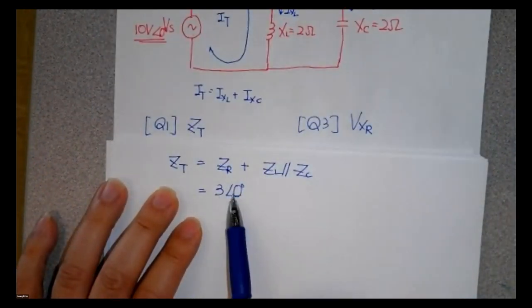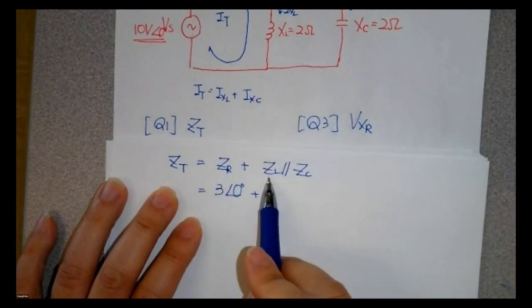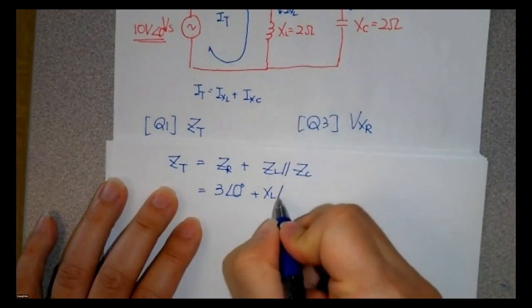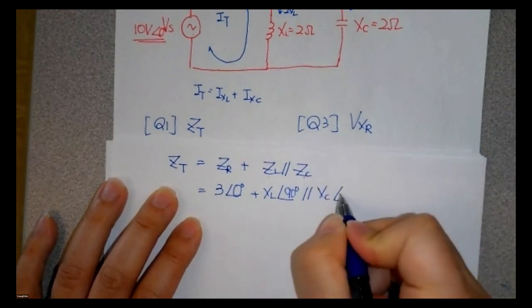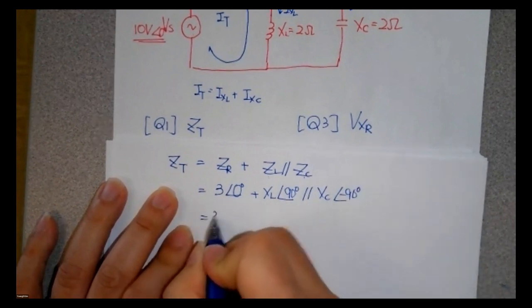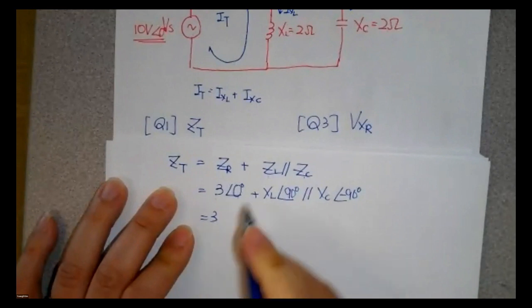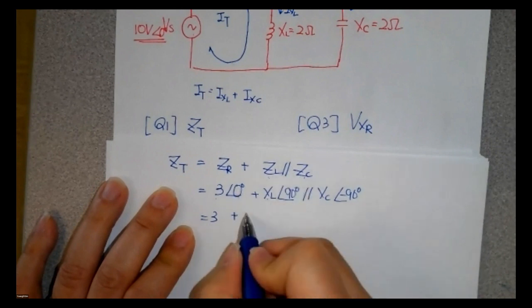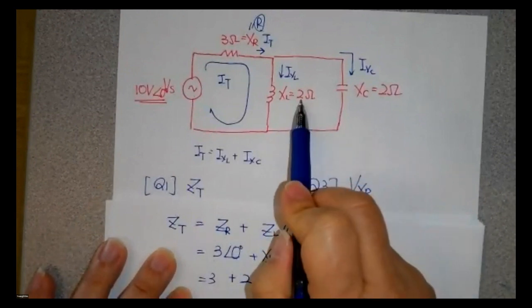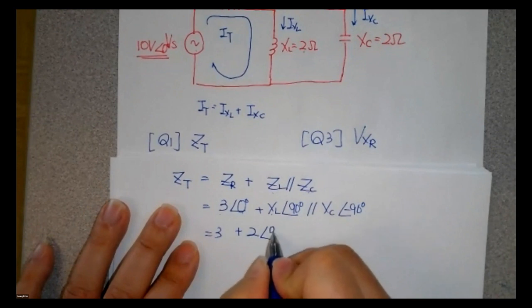So 3 ohm, 0. And what is the Z sub L? The Z sub L, X sub L, 90. And Z sub C, X sub C, minus 90 degree. So 3, 0 degree is the 3, same thing. And what is X sub L? The 2 ohm here. So maybe X of L, the 2 ohm, 90.